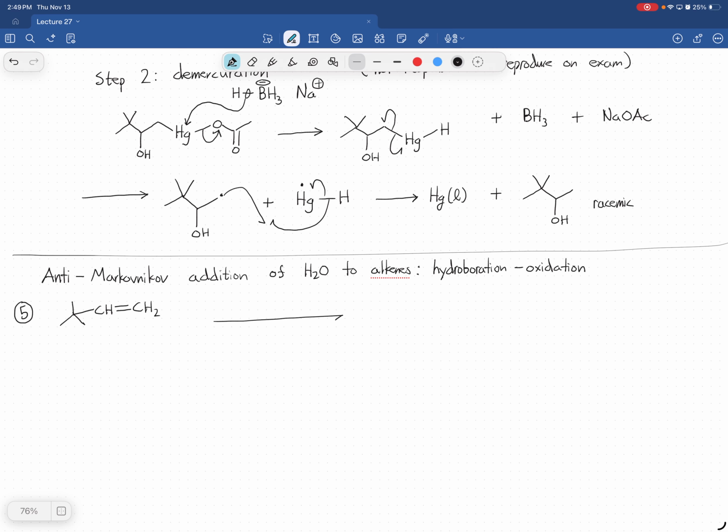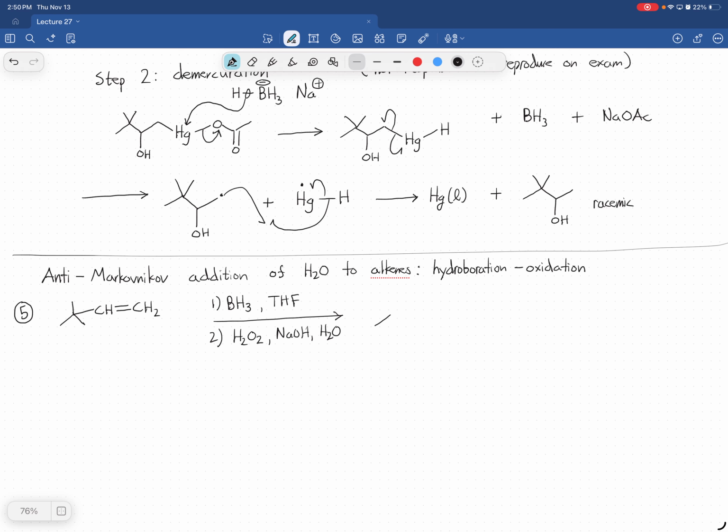So one, you would use borane, BH3, THF. Okay? And then the second step is the oxidation step. So hydrogen peroxide, that's a common oxidant. That's what I studied in grad school. I used reactions that use H2O2. And then you activate the peroxide by using base. Okay? It's not very stable in base.